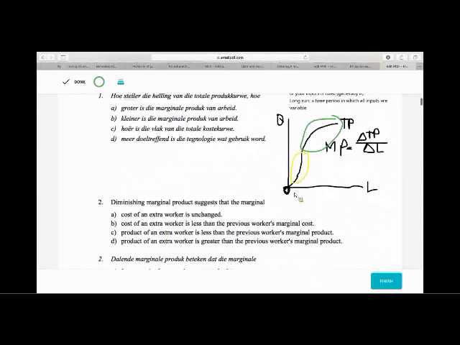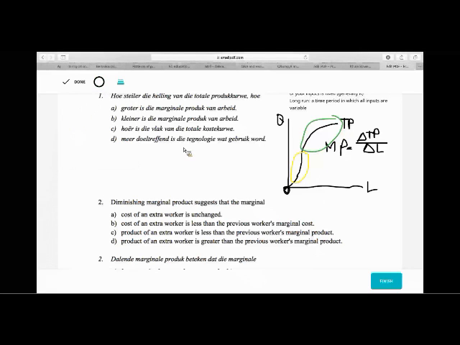Okay, so the second question then refers to diminishing marginal product. So in terms of this picture, what we mean by diminishing marginal product is once additional labor adds less marginal output to your total product. So when you're in the declining slope part of your total product curve, that's when diminishing marginal product has set in.